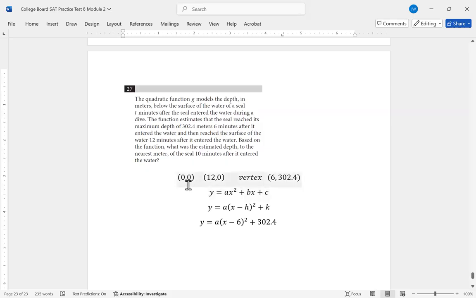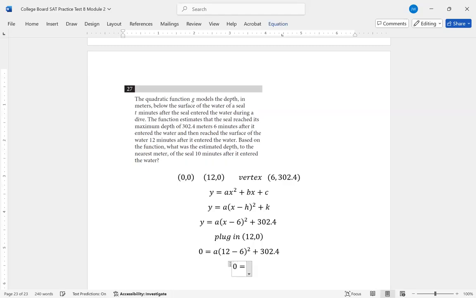Now I can use either of these two other points because when I plug in 0, I'm going to get negative 6 squared, and when I plug in 12, I'm going to get 6 squared. Both y values are going to be 0. So I can plug in either the 0, 0 or the 12, 0 point. Actually, let's plug in 12, 0. Why not? So 0 is the y value. We don't know the a yet. We go 12 minus 6 quantity squared plus 302.4.